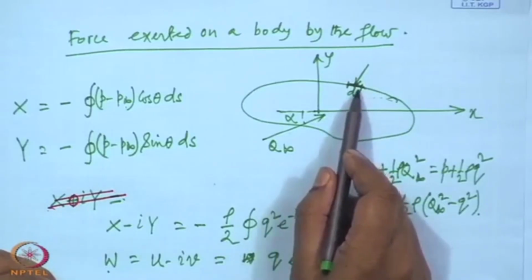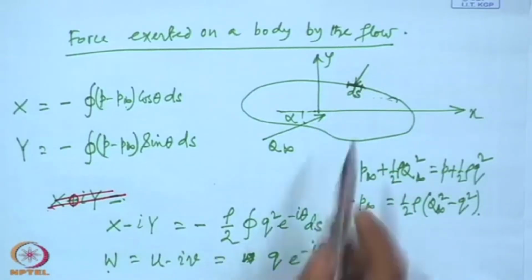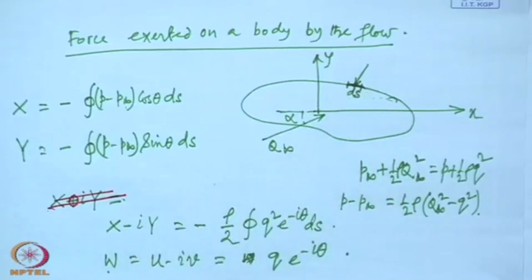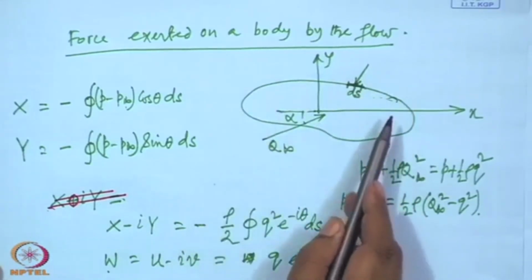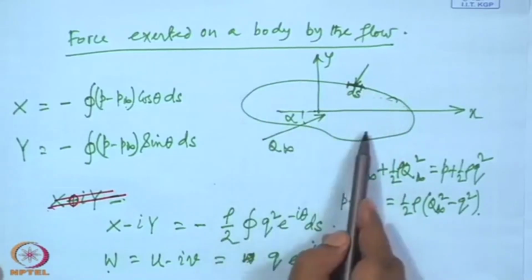See this, your dx and dy will have different sign. When you consider this length element ds, your dx and dy have different sign. Whatever your order is, the direction of cyclic integration, say conventionally theta, changing from here to here.